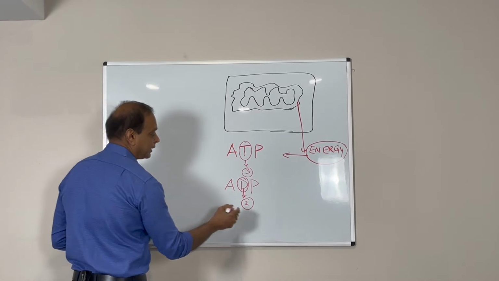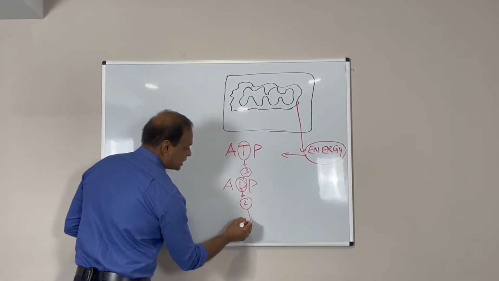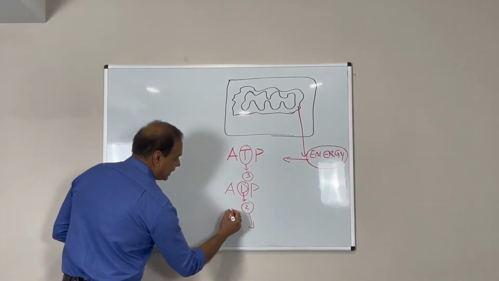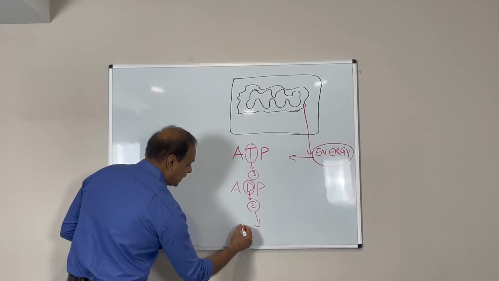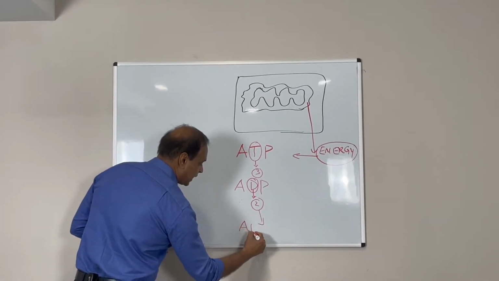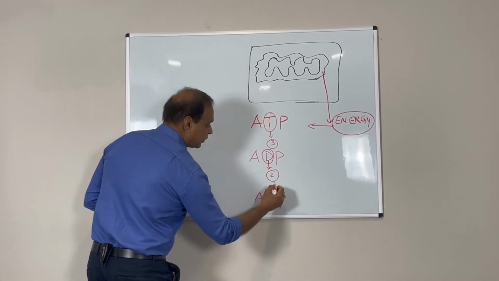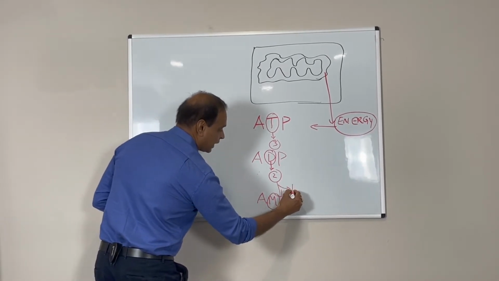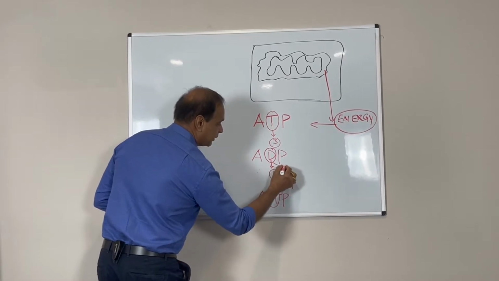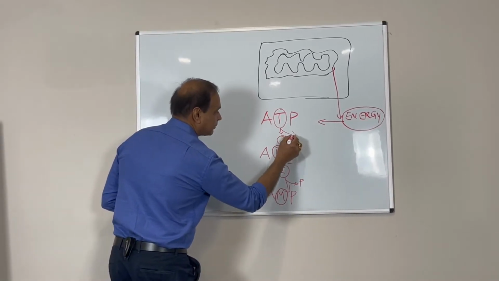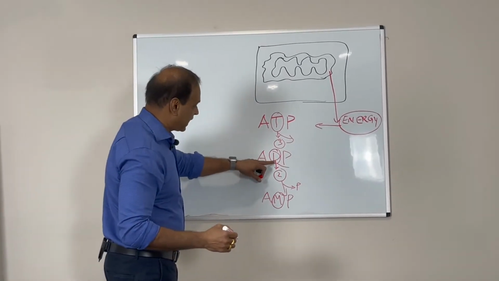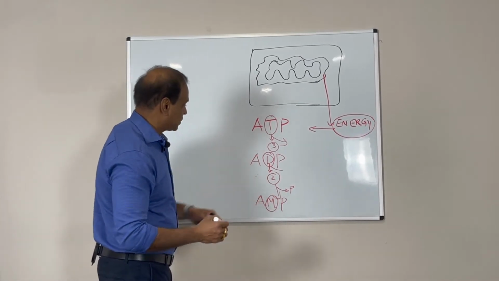And then by losing one more phosphate, it becomes AMP, monophosphate. Mono is 1. So every time you lose one phosphate molecule, it becomes one less. So triphosphate, diphosphate, and monophosphate.